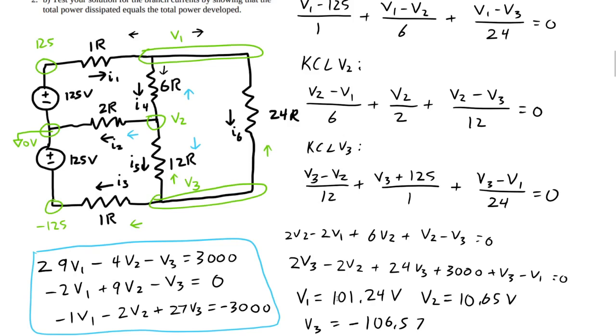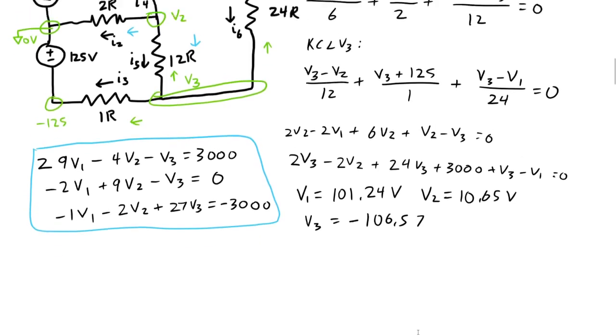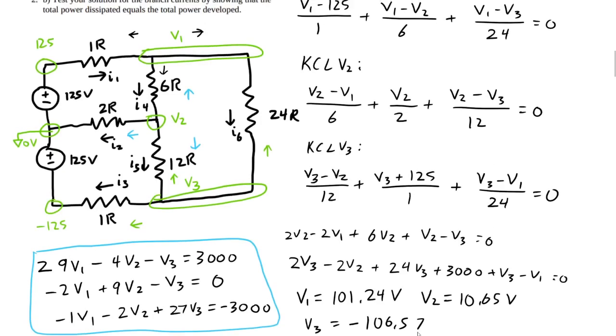So anyway, now that we know the voltage drops, we can find each current in this circuit. The first thing I'm going to do is I1.